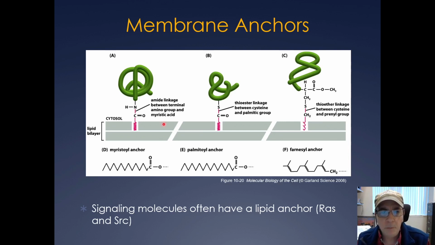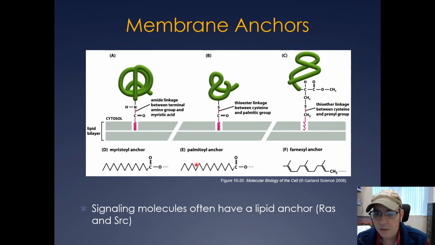You can have an amide linkage between the amino group and myristic acid. Sorry, I have trouble pronouncing some of these, which basically creates a myristoyl anchor. You can have a thioester linkage between the cysteine and palmitic acid or palmitic group, and then you get a palmitoyl anchor, and then a thioether linkage between a cysteine and a prenyl group to generate farnesyl.